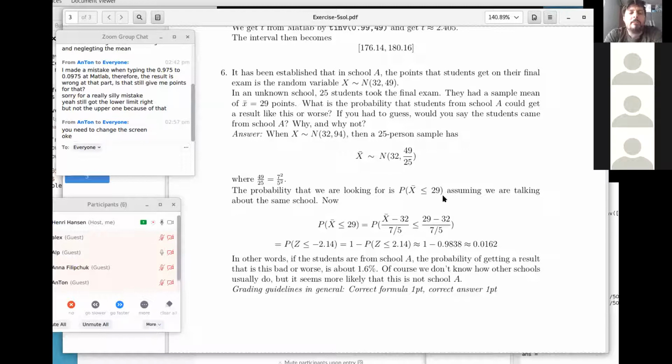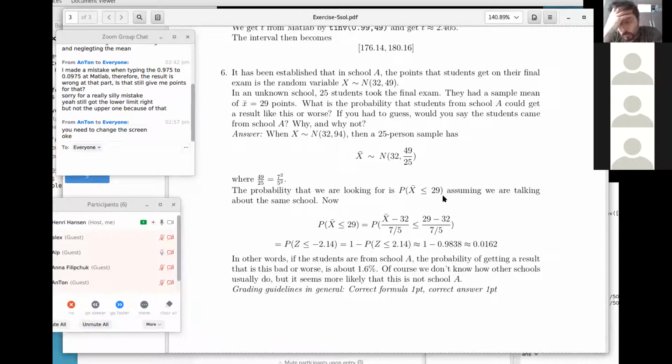But let's say, firstly, when X has this distribution, if we had this X from this school, then a sample of 25 from this school would have a distribution with the expected value of 32 and the variance of 49 over 25, because that's how the variance goes down as n goes bigger.